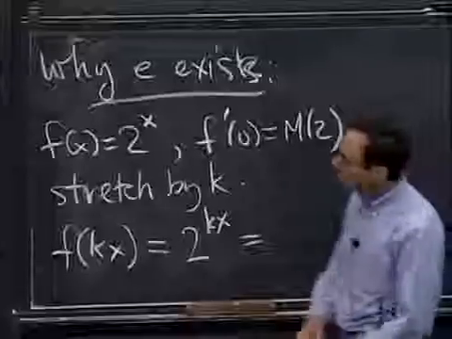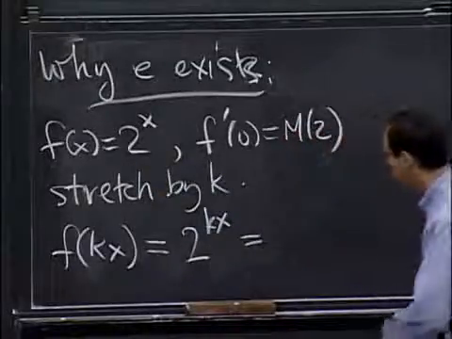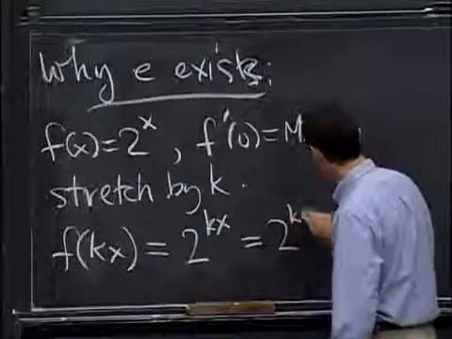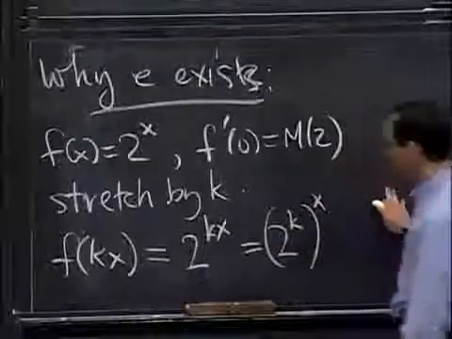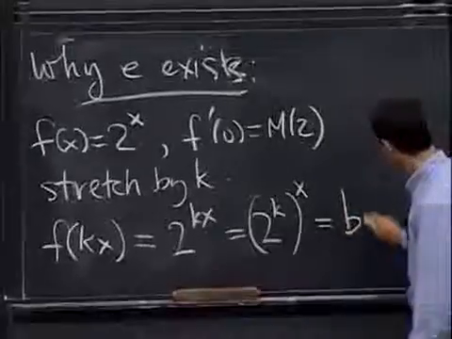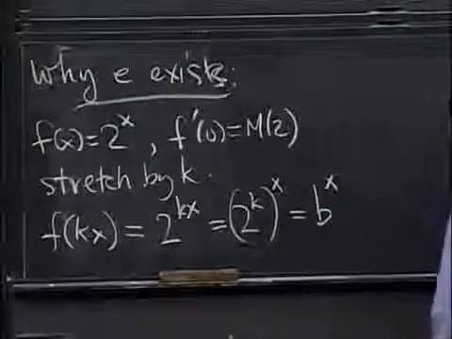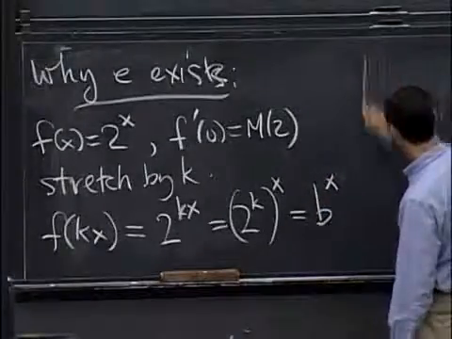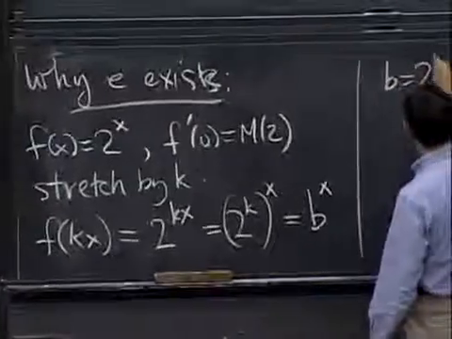But now if I use the second law of exponents that I have over there, that's the same thing as 2 to the k to the power x, which is the same thing as some base b to the x, where b is equal to, so let's just write that down over here, b is 2 to the k.